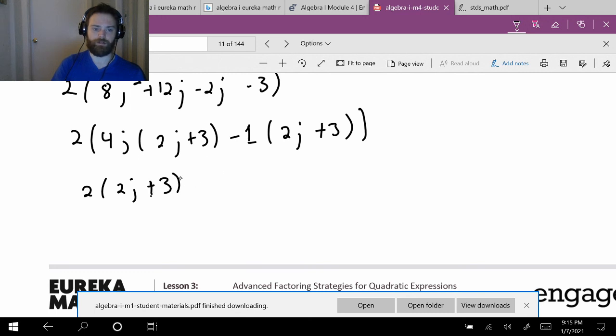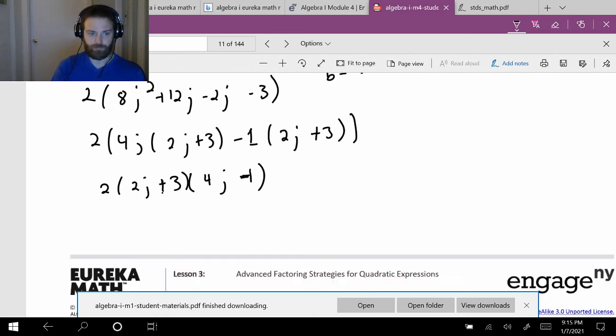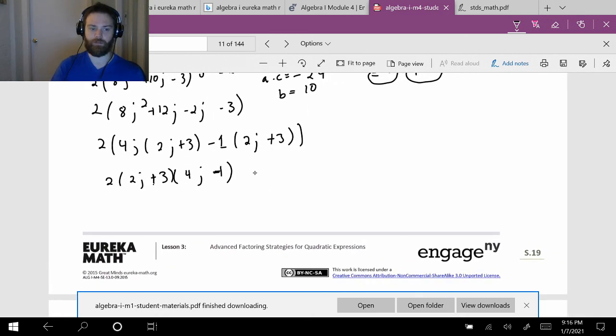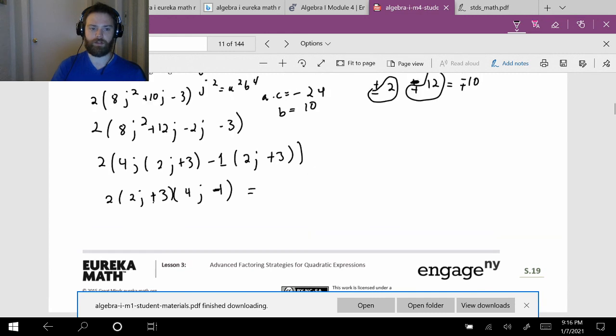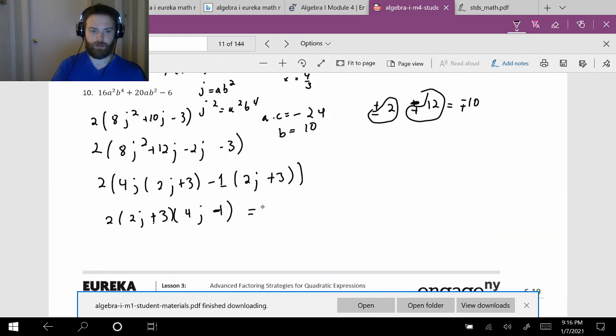And then the last two terms are 4j minus 1. And remember, we have to put in that ab squared at the end, so here we go. 2 times 2ab squared plus 3, 4ab squared minus 1.